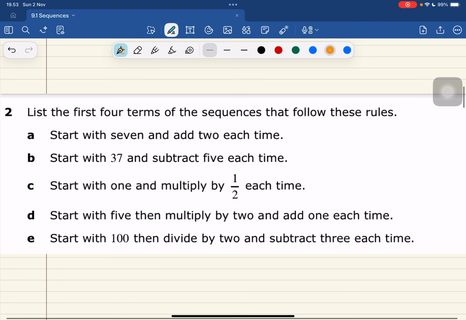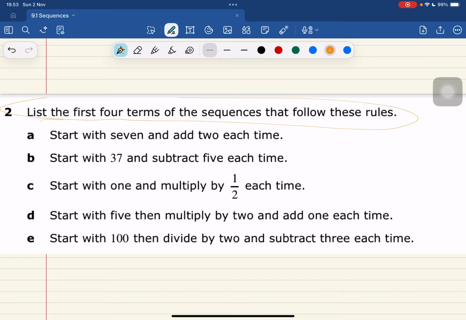Next, we should list the first 4 terms of the sequence with the following rules. Okay, let's start with number 1. Starting with 7, add 2 each time, so 7, 9, 11, and 13.